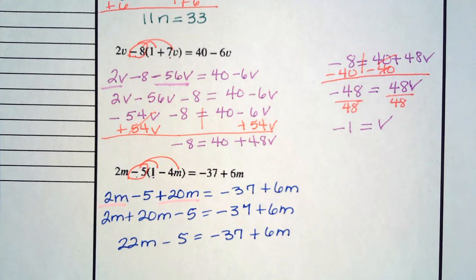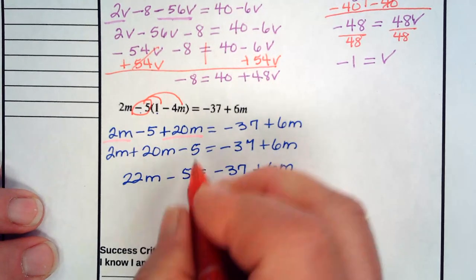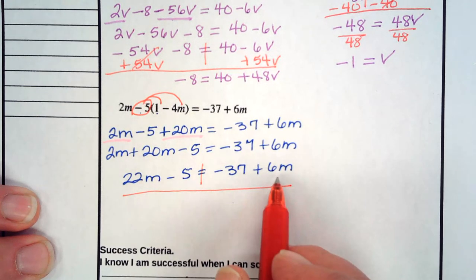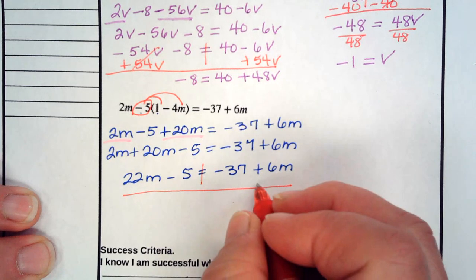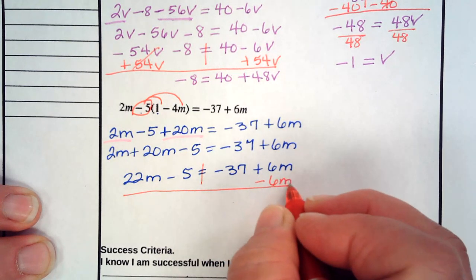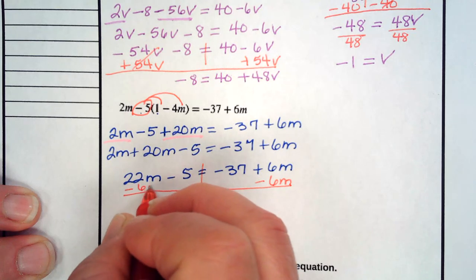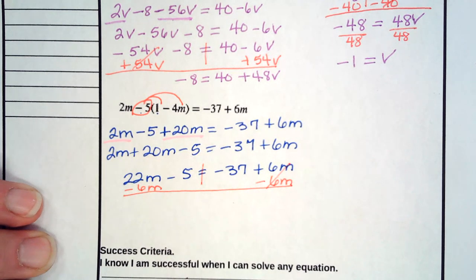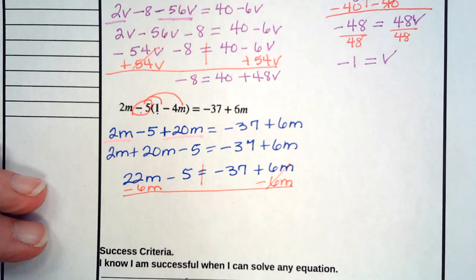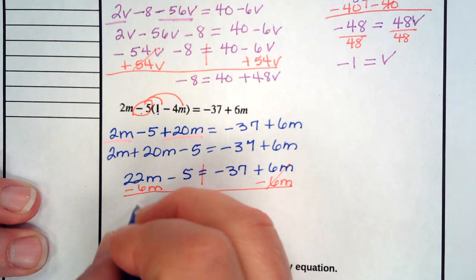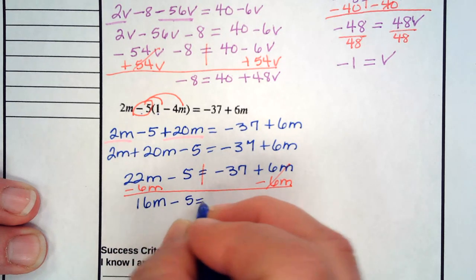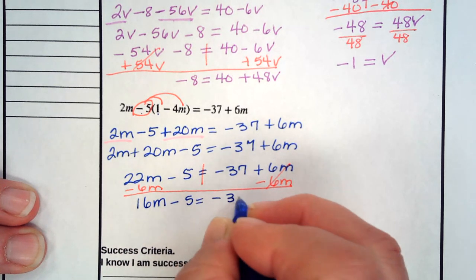Now we're ready to solve. Keep all those columns straight. 22m, 6m, the smaller one is 6m, so I'm going to subtract 6m from both sides. It's eliminated here. 22 minus 6 is 16. 16m minus 5 is equal to negative 37.